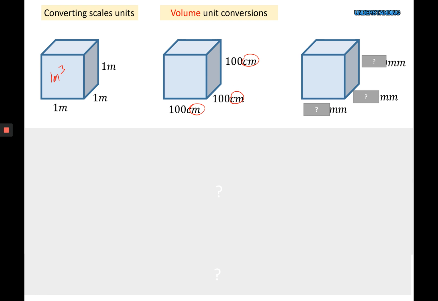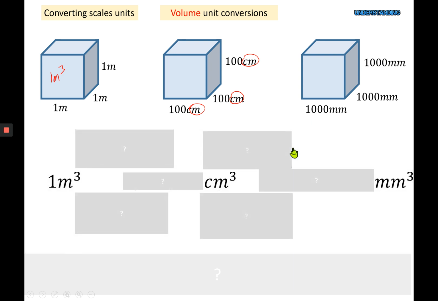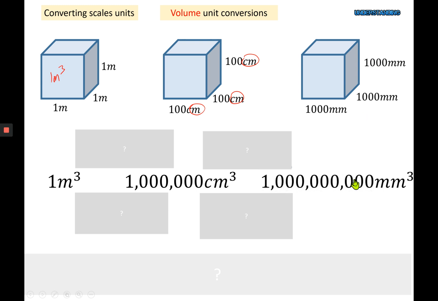You multiply them all to get the volume. And if it's millimeters, it's going to be 1,000 millimeters by 1,000 millimeters by 1,000 millimeters. So the volumes, we're going to work them out here. So that's going to be 100 times 100 times 100 is 1,000,000. 1,000 times 1,000 times 1,000, you get a billion.